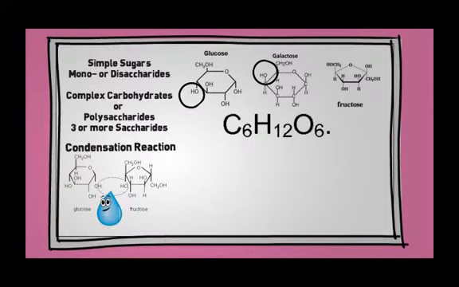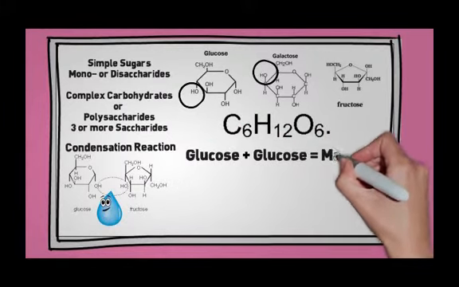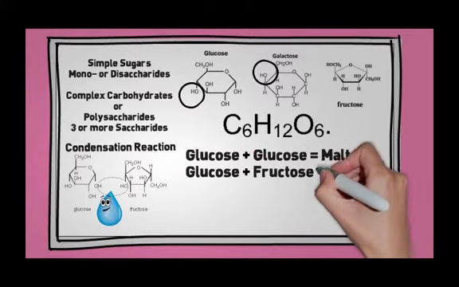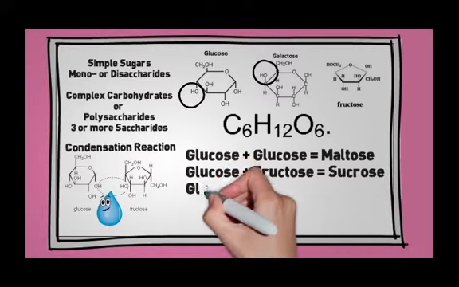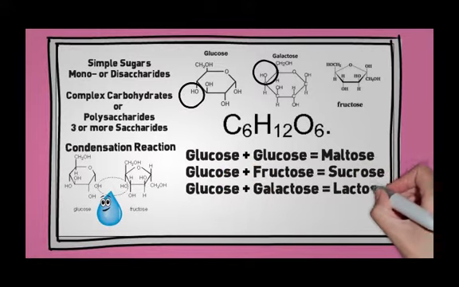There are 3 common disaccharides in our diet. They are maltose, sucrose, and lactose. Maltose, or malt sugar, is a combination of 2 molecules of glucose. Sucrose, or normal table sugar, is a combination of 1 glucose molecule and 1 fructose molecule.